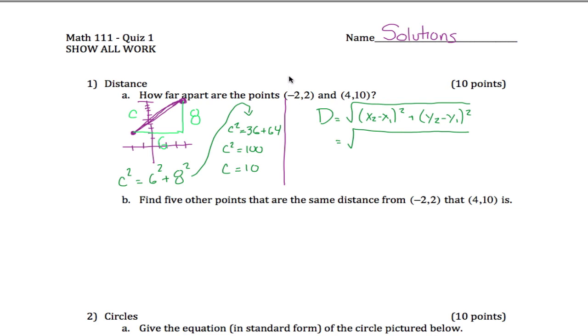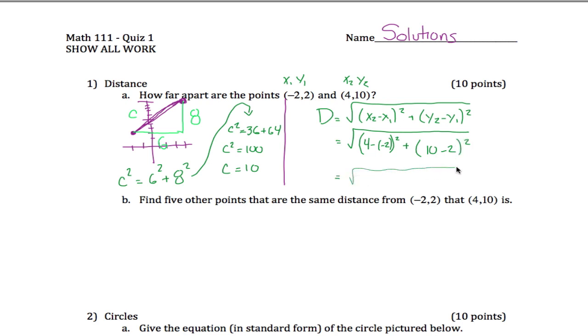Maybe we'll call this one x1 and y1, and this x2 and y2. We want to do x2 minus x1, so that is 4 minus -2, squared, and then to that we want to add y2 minus y1, 10 minus 2, squared.